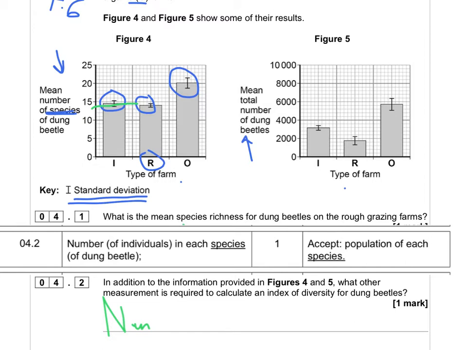If I just show you the standard deviation here, that one, that one, that one, you can see there is no overlap at all. So they are significantly different. If there's no overlap in standard deviations, then it is significant.